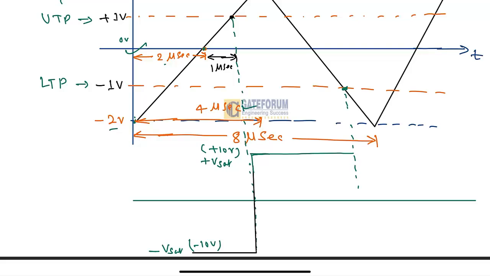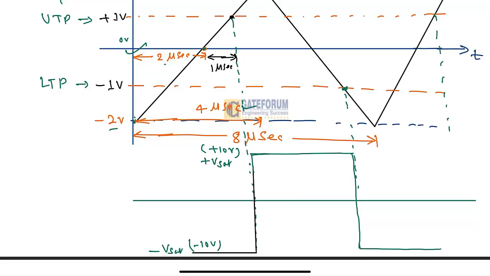Again at this point, whenever this input goes below the LTP of minus 1 volt, by that time the output of the first op amp, VO1, will change from plus Vsat to minus Vsat. It changes like this, and again it maintains low till this point where it becomes 1 volt.